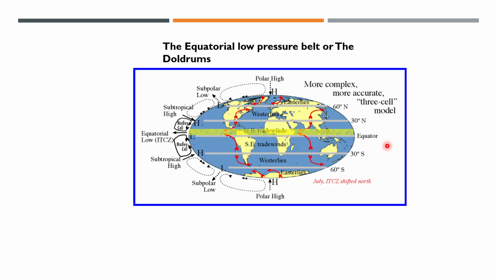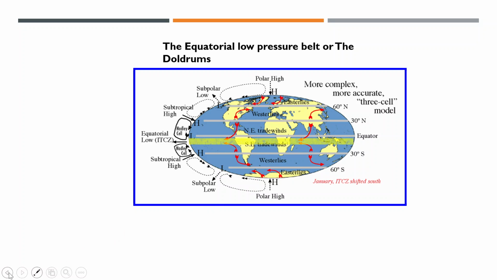Hence the air is very hot and it expands, becomes less dense, and so it rises, creating a low pressure belt over here. The strong centrifugal force and the high amount of water content due to excessive evaporation is also responsible for the formation of a low pressure.